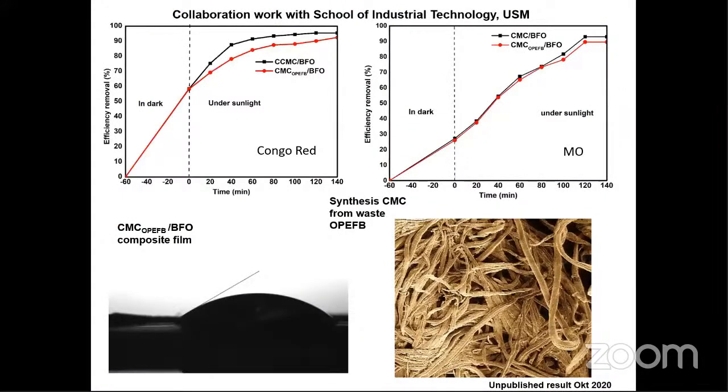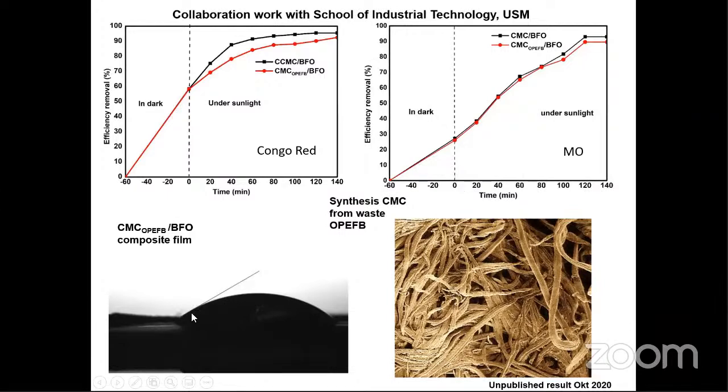And then this is one of our new works. We convert this OPEFB, oil palm empty fruit bunch, into CMC, and we compare with the commercial one, so we can see the remarkable degradation of methyl orange, as well as Congo red for this particular study.